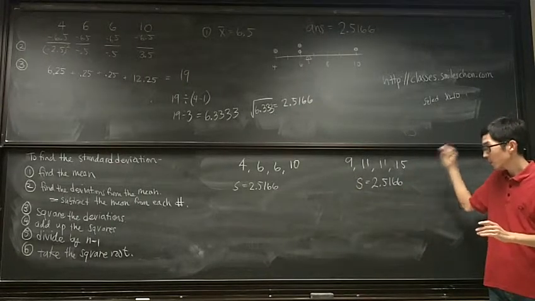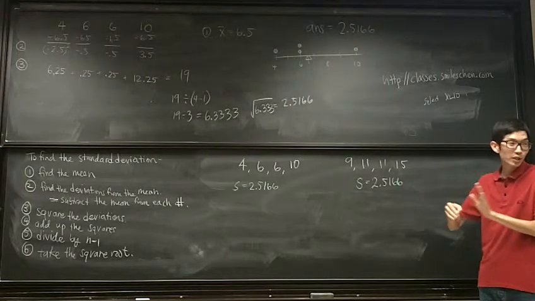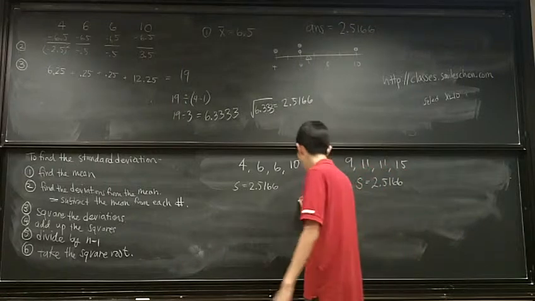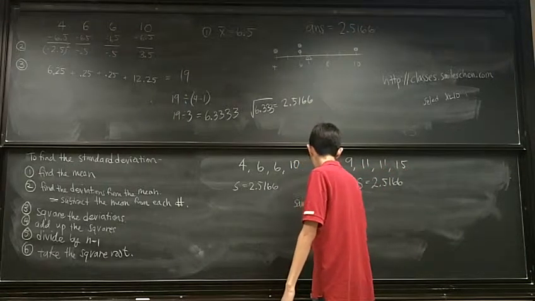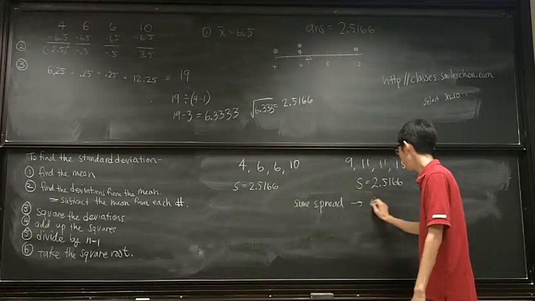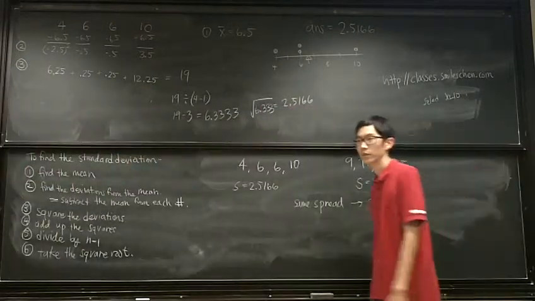And 5 years later, the gap between the ages of the children is still exactly the same. The same spread. So we have the same standard deviation.